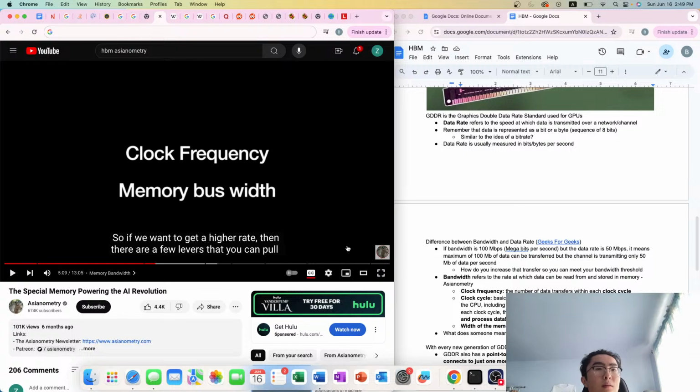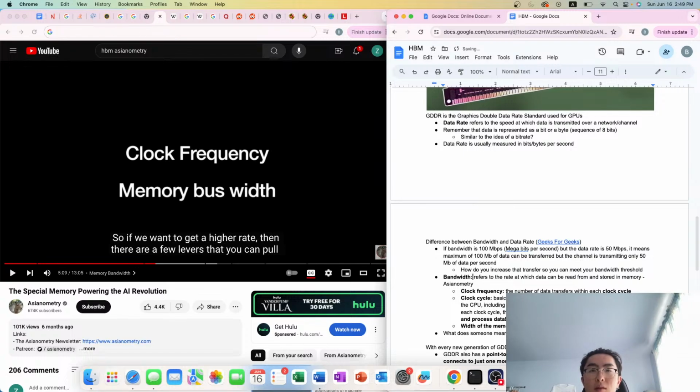So you want to get a higher rate of what? To increase the bandwidth, the rate at which data can be read and stored, there are a few levers you can pull.